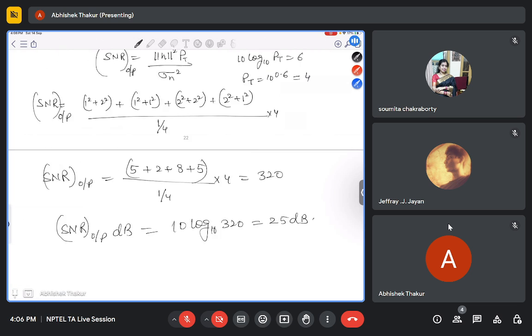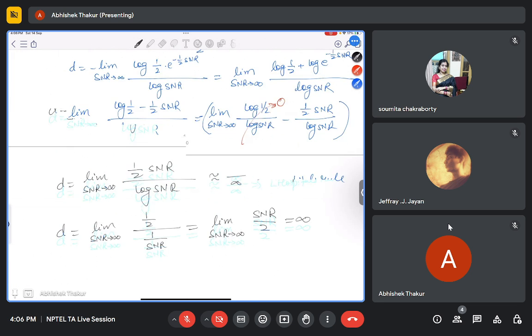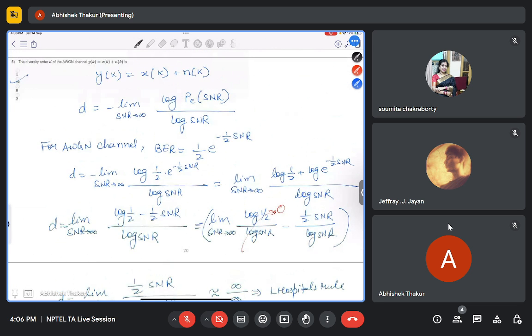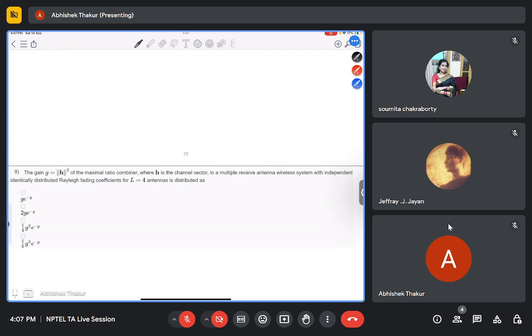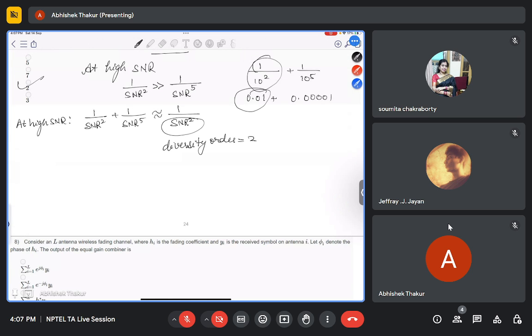Also we can find using the formula of minus limit of log probability of error divided by log of SNR. So the diversity is equal to minus limit SNR tends to infinite log of probability of error divided by log of SNR.